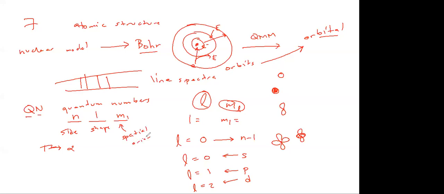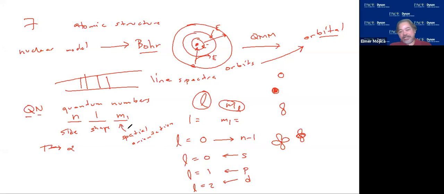Spatial orientation. The m sub l value depends on l, from negative l to positive l, including 0.